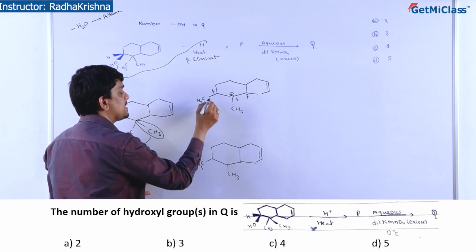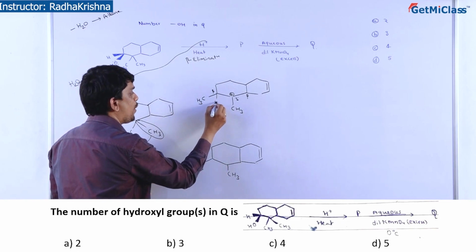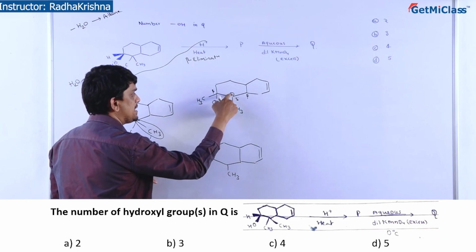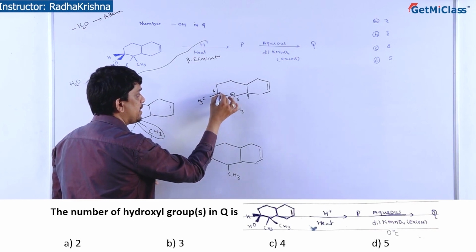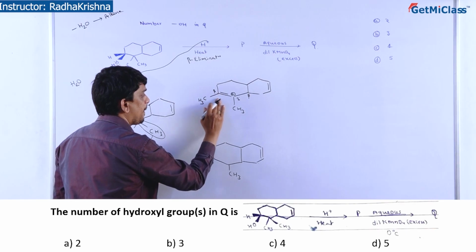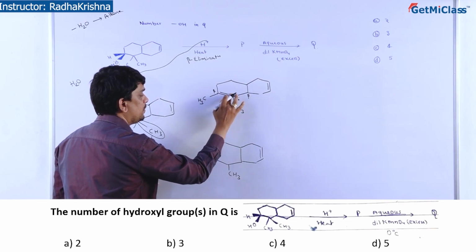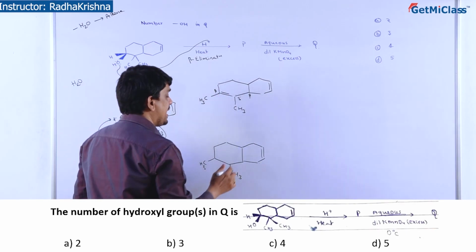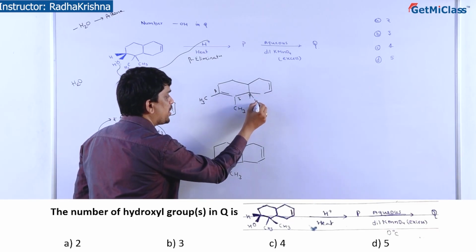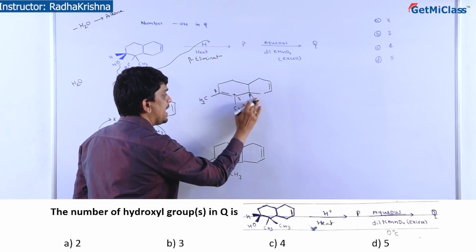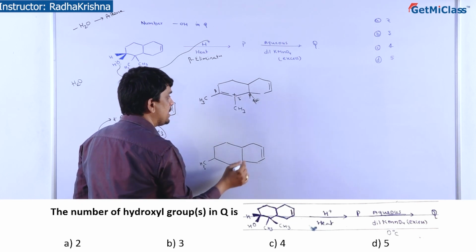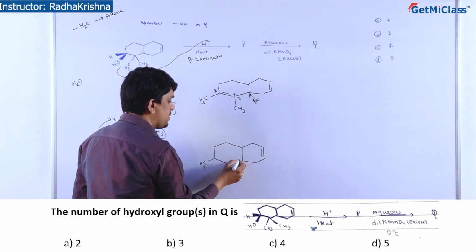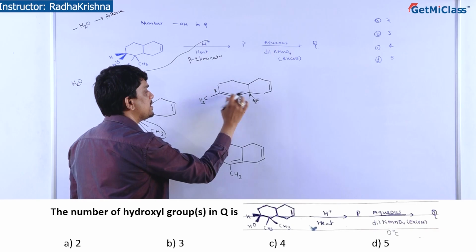In one case, let me show you removal of H plus from here. So minus plus, you will get to see the double bond here. Let me show that. Right. In another case, we are removing H plus from here. So that minus plus neutral, the pi bond you will get to see over here. So there are two possibilities.